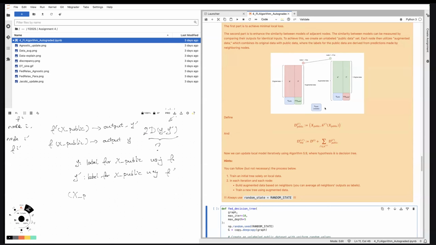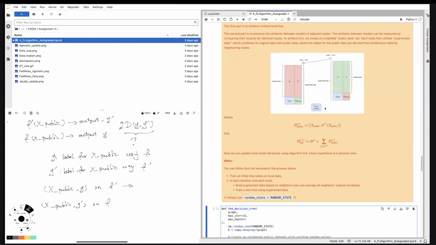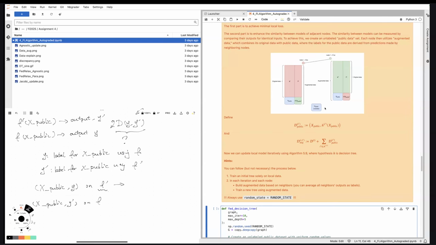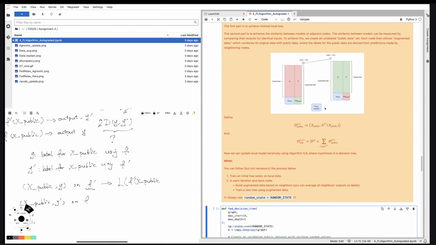So we train x public and y on f prime, and we train x public and y prime on f. In f prime, the loss function will be the loss with x public and y, right?